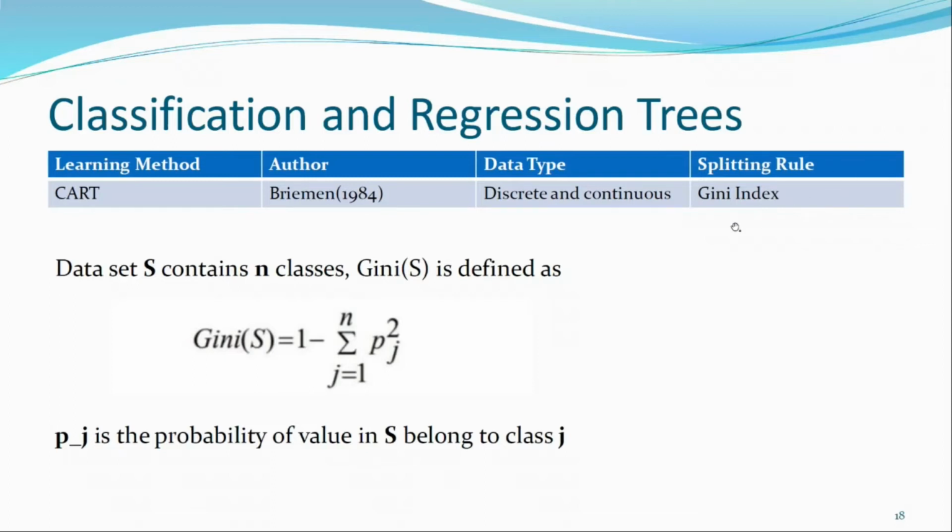The Gini index is used as a splitting tool for the CART algorithm consisting of discrete and continuous data. We need a way to quantitatively evaluate how good a split is. This is where the Gini impurity metric comes in.